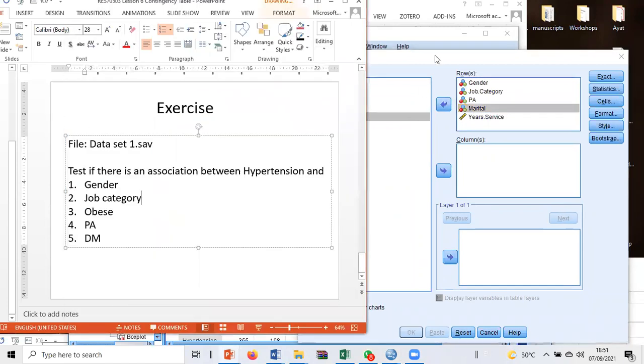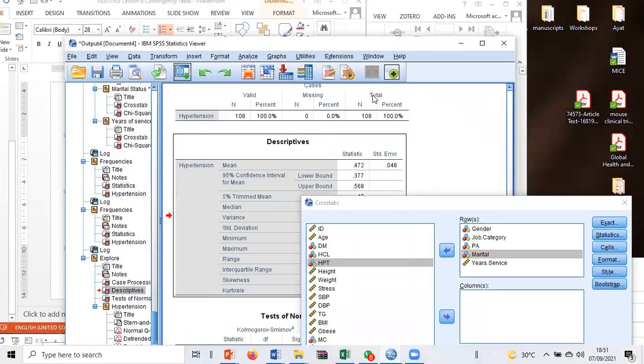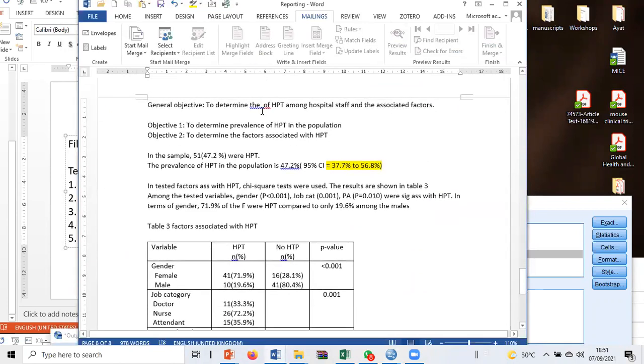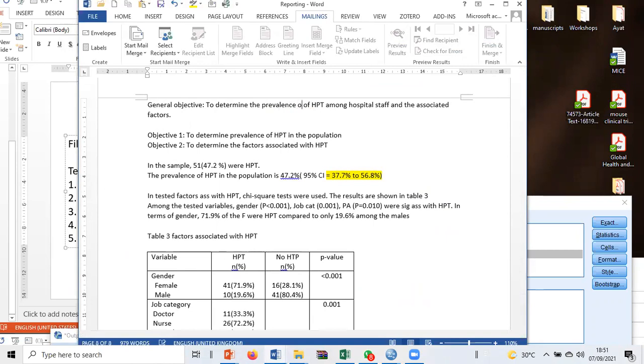So here, the objective will be prevalence of obesity, and the factors associated. So first one will be prevalence of obesity. Next one, factors associated with obesity.